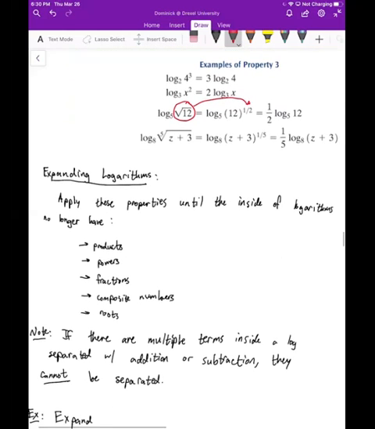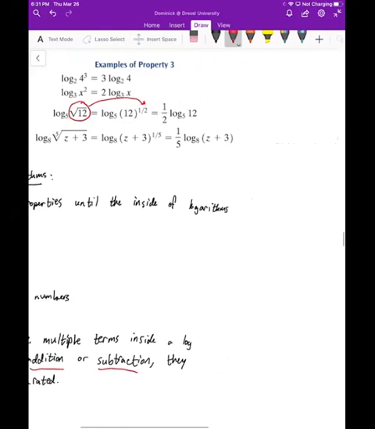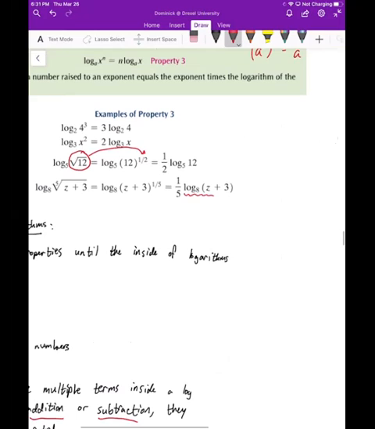One thing you will notice is that if you have terms separated with addition or subtraction, you can't do anything else with that. For example, up here, you have this log base 8 of z plus 3. We can't do anything else with that, because of this plus here.